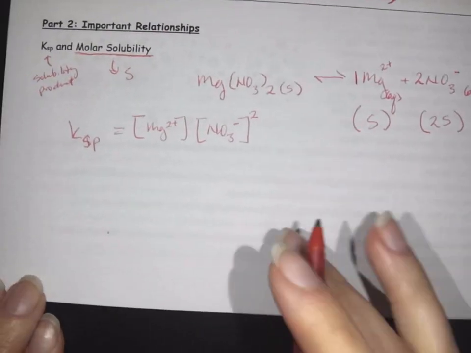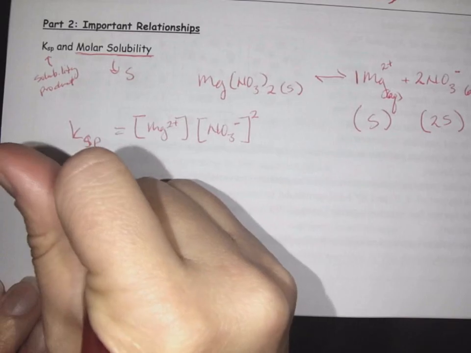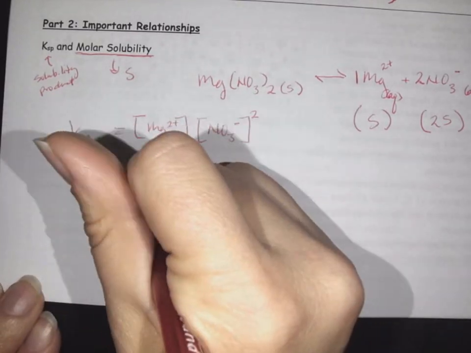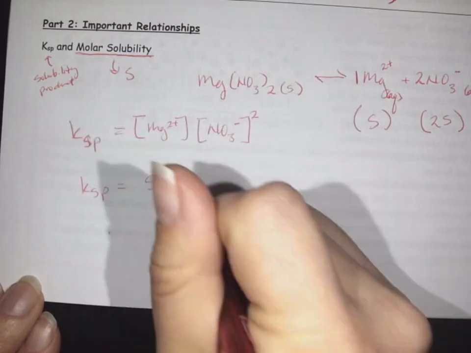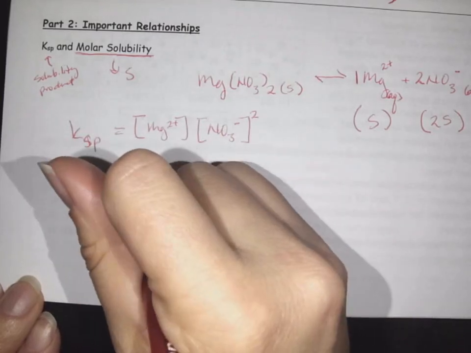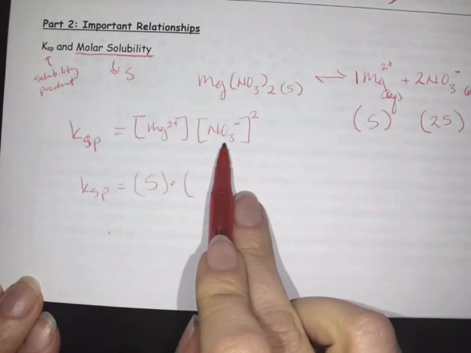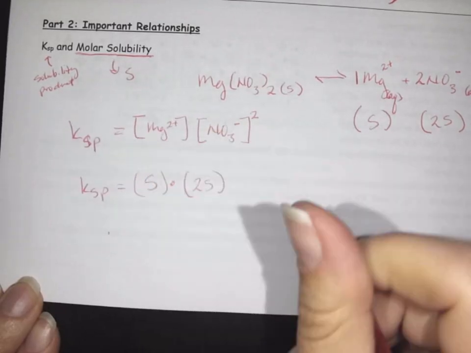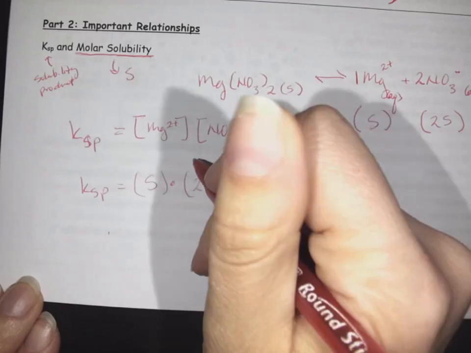And so going back to this over here, instead of saying the concentration of magnesium 2+, I could just put S. And then instead of saying the concentration of nitrate, I could put 2S. But then don't forget that this is squared.